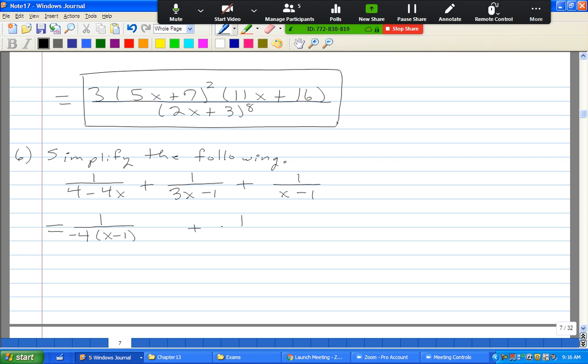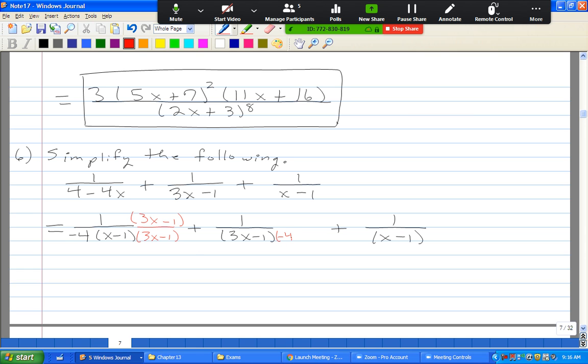Well, I can't really factor out anything here. So let me write this as 3x minus 1. And can't really factor anything here. So let me write this as x minus 1. Okay, so let me get a common denominator. The least common denominator is negative 4 times x minus 1 times 3x minus 1. So let me multiply and divide by negative 3x minus 1.